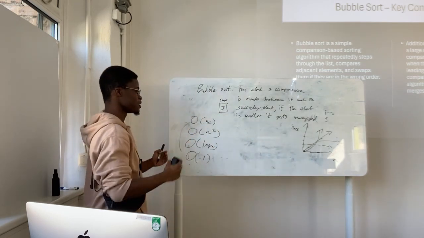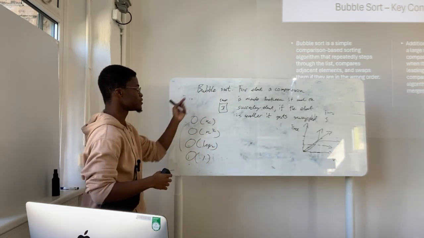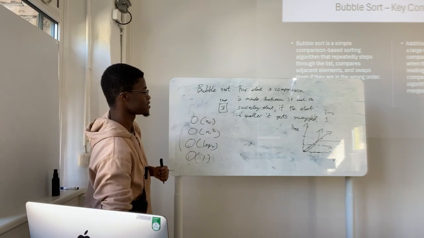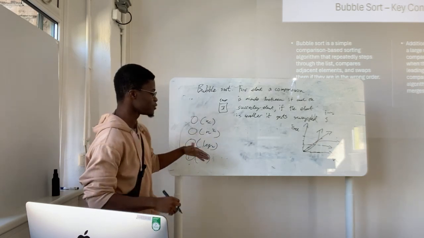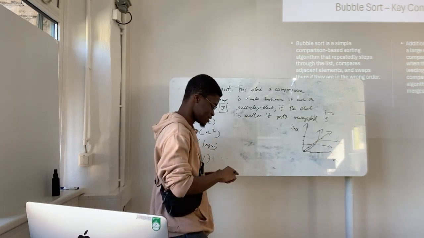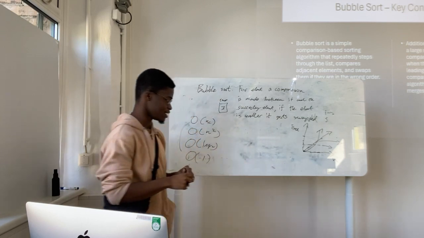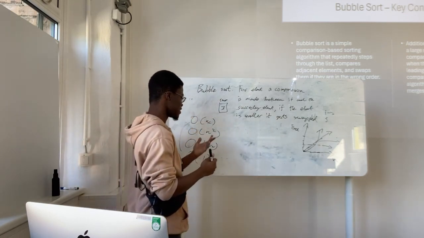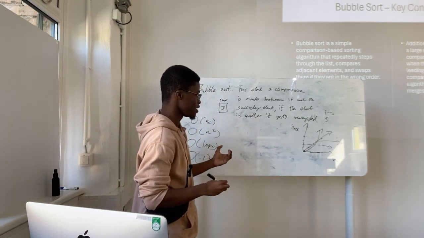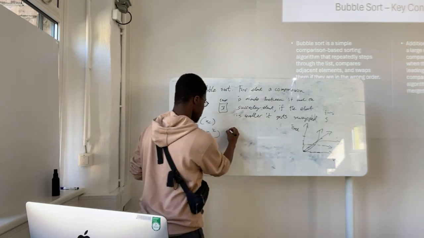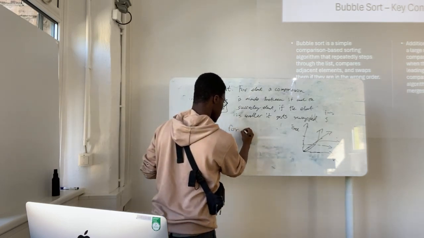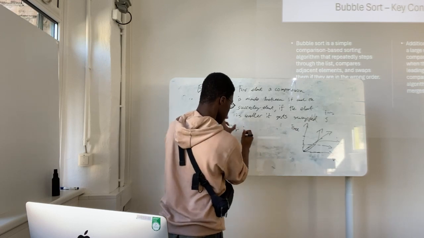And now back to our original question. I originally asked you, what do you think the bubble sort time complexity is? Having reviewed time complexity, can someone give me a guess? Quadratic? Yeah, exactly. It's quadratic time because we have a for loop with the variable i.